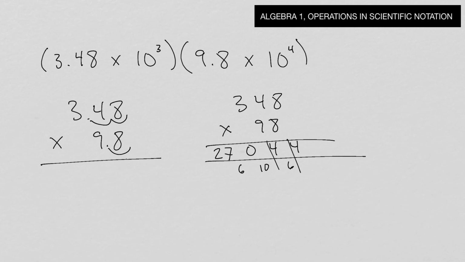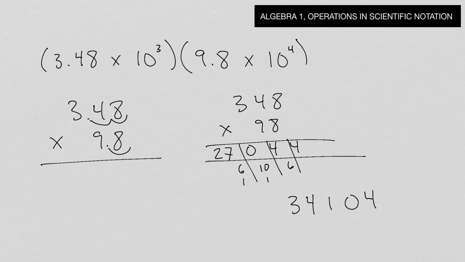Doing our carries this way, starting at the right, we have a 4. 4 and 6 gives us 10, so we write a 0, carry a 1. 10 and 1 gives us 11, so we write a 1, carry a 1. Then we have 27 and 7, which gives us 34.